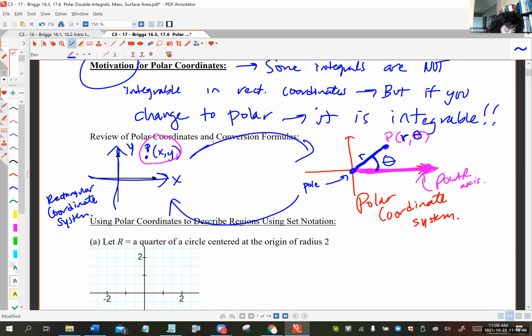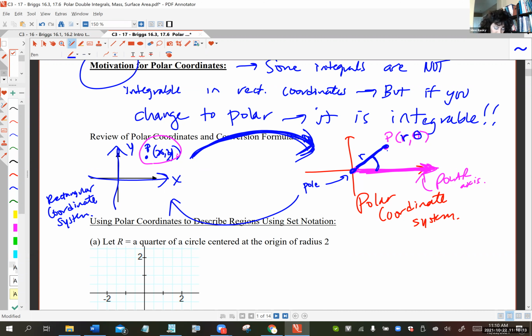Okay, so let's talk about how you get from rectangular to polar. I'll give you a couple formulas. For going from rectangular to polar, you already know your x and you know your y. By the way, if you forget these conversions, they're very easy to rederive if you know the Pythagorean theorem and a couple of trig formulas.